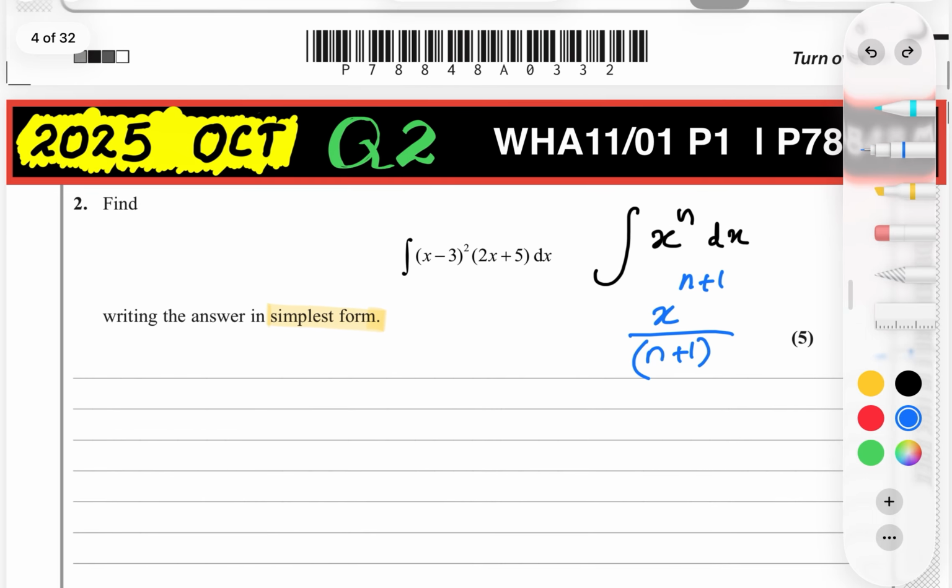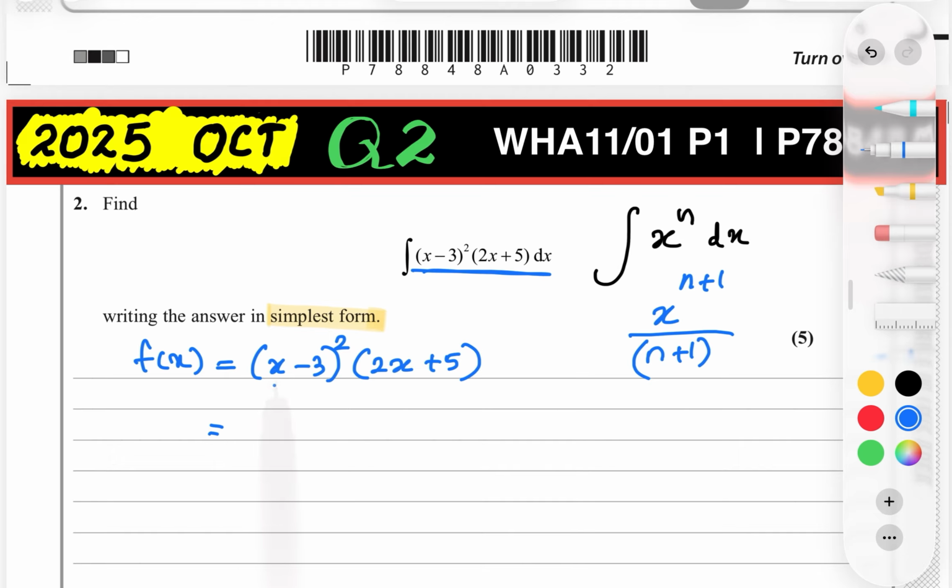Okay, so here in this expression, let's write it like y equals, better would be f(x) equals, because it's a function of x, (x minus 3) squared times (2x plus 5). So we can solve this equation.